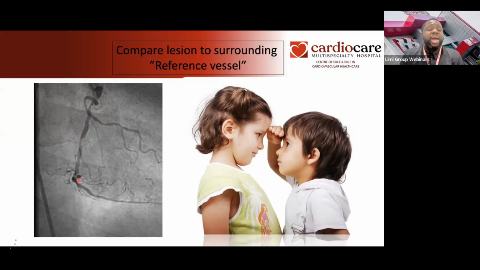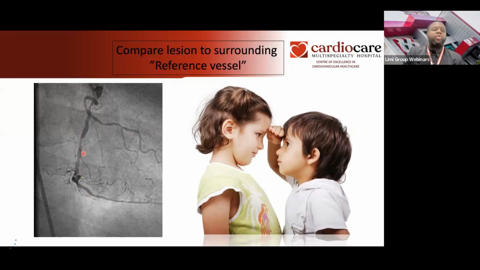Occasionally you might have all of them looking like that, then it's difficult to interpret, and we use other things. But first and foremost, sometimes we compare with just eyesight, or with quantitative measurements. We measure the reference diameter and the minimal lumen diameter, proximally, distally, and at this tight area, and we do the calculation.